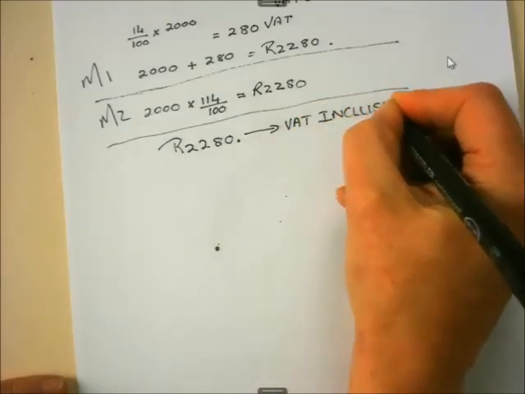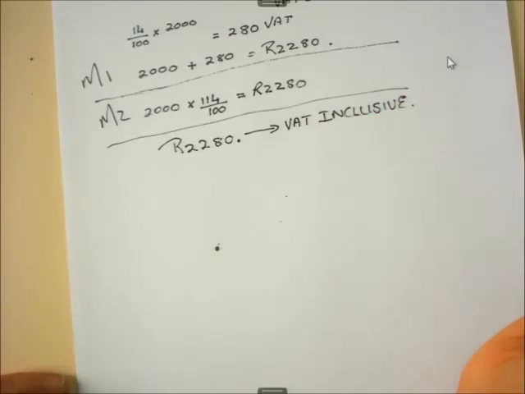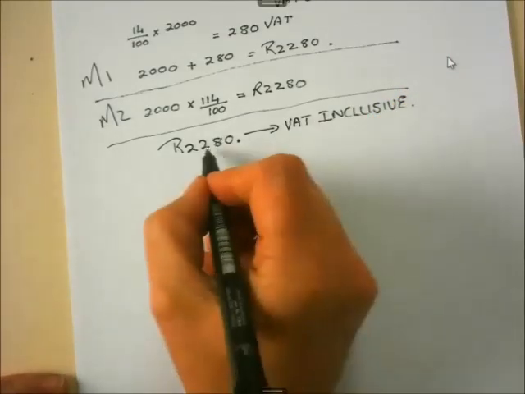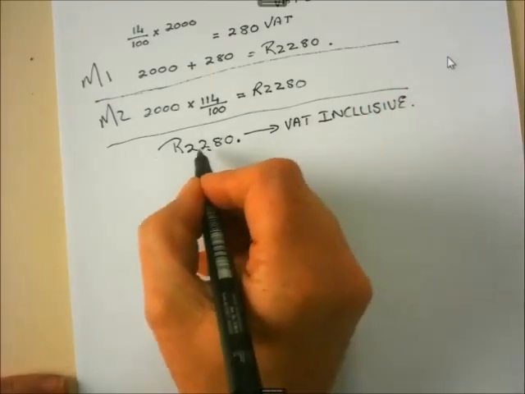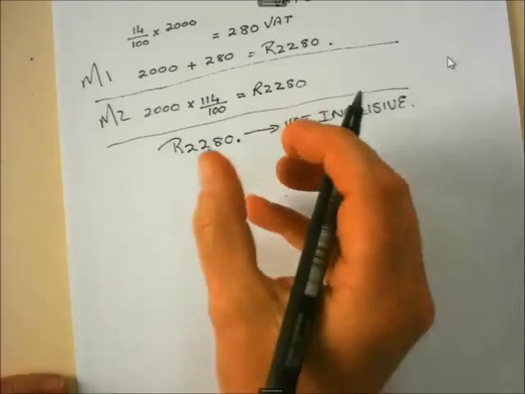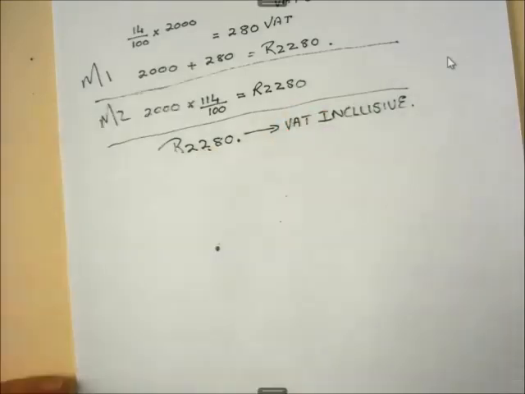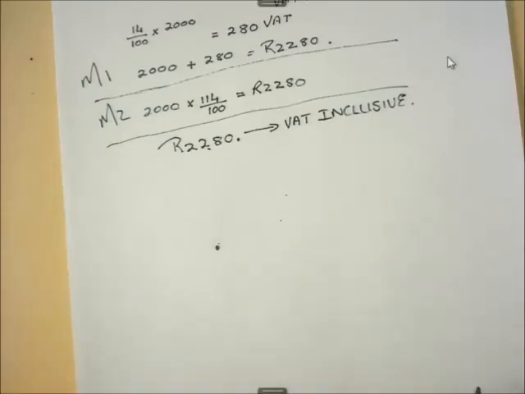We say VAT inclusive and we say it's included already. So what part of this 2,280 Rand is going to be the price of only the article, and what part will be the price of VAT? How are we going to do that?